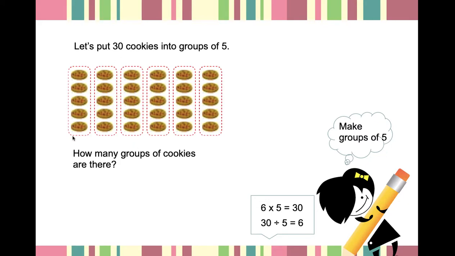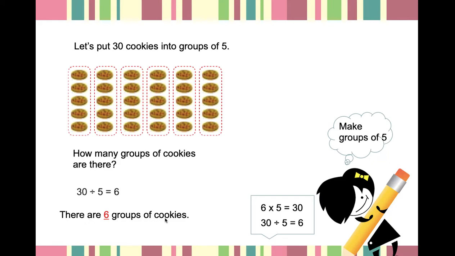So when we are dividing 30 cookies into groups of 5, how many groups do we make? We make 6 groups. So there are 6 groups of cookies.